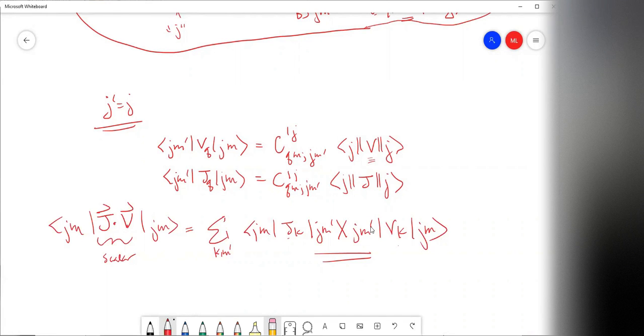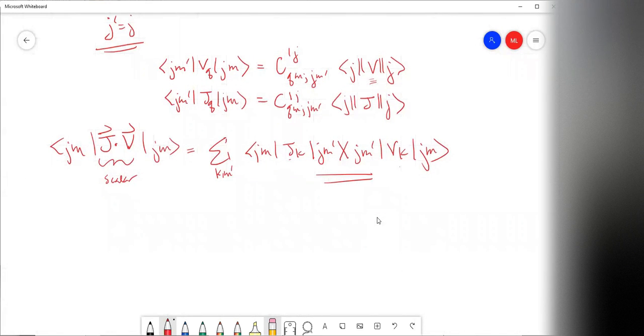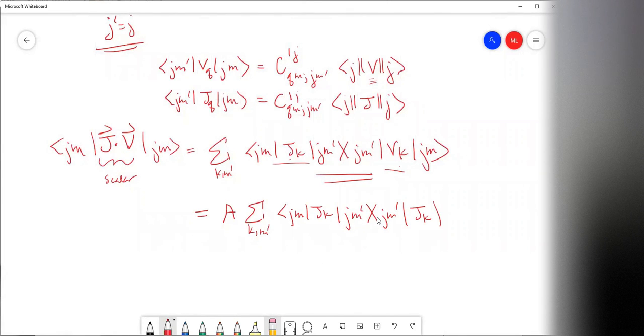And what does that mean? Well, we know from Wigner-Eckart that these coefficients, this one and this one, are proportional to each other. So this must be equal to some constant of proportionality, which we'll call A. And then the rest of it is J M, J_K, J M prime, J M prime. And I can replace this V_K with just J_K, because I know that these matrix elements, the V_Q and the J_Q components, are proportional to each other by the Wigner-Eckart theorem.